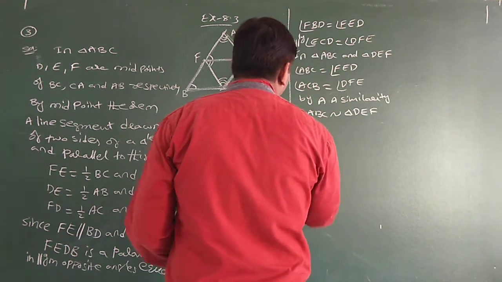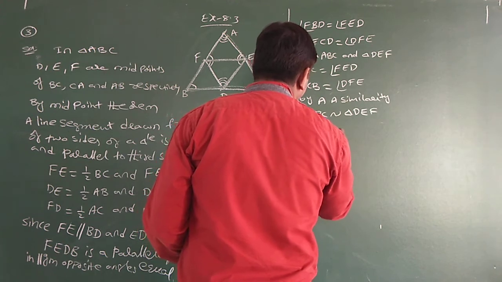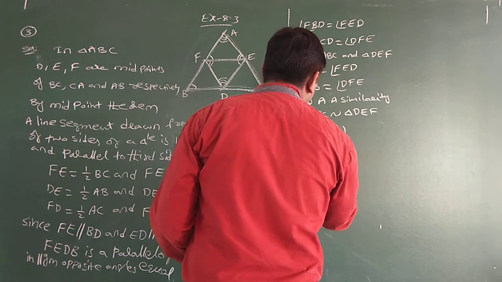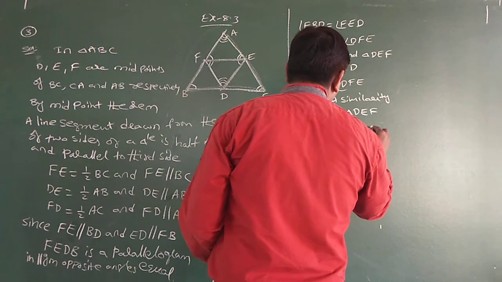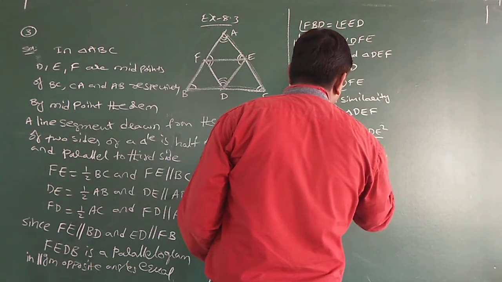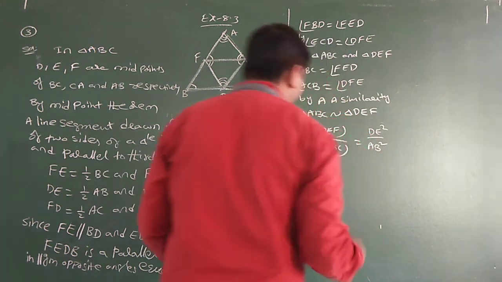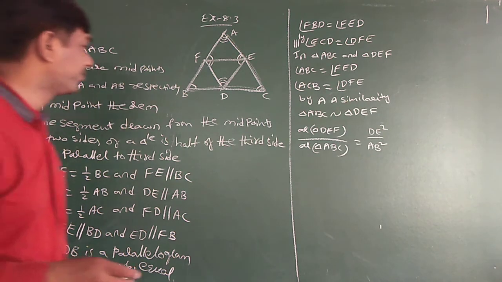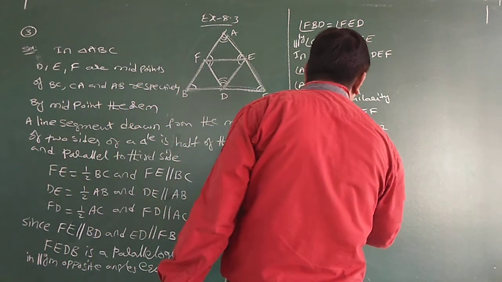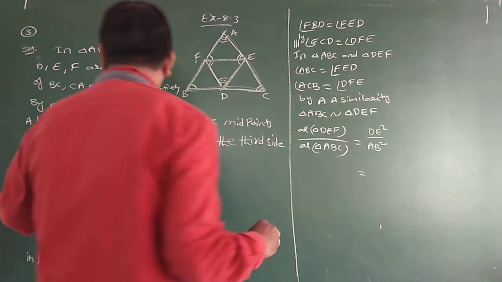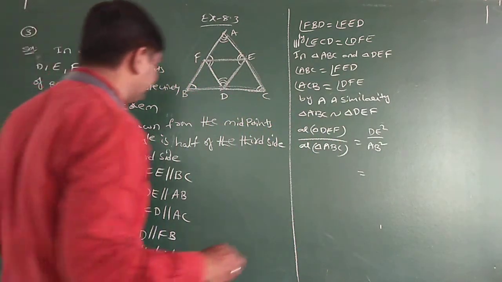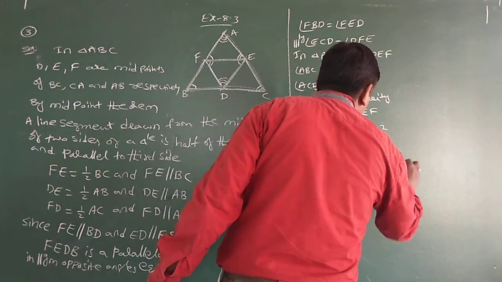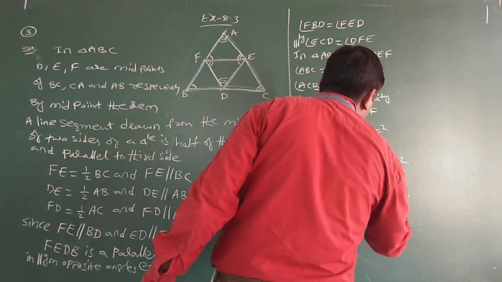Area of triangle DEF by area of triangle ABC is equal to DE square by AB square, by the property that the ratio of the areas of two similar triangles is equal to the square of their corresponding sides. Now DE is nothing but half of AB, so half of AB whole square by AB square.